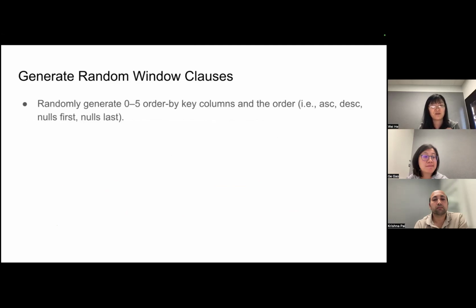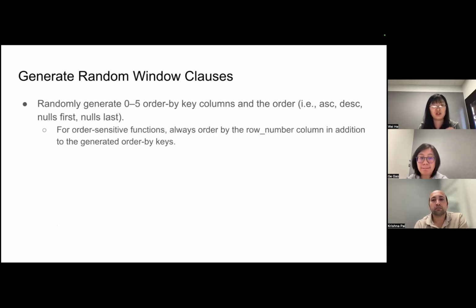So let's look at how we generate random window clauses. First, we randomly generate 0 to 5 order by key columns and orders of them. For the order sensitive functions that I just mentioned, the randomly generated order by keys might have ties. So we want the input data to be totally ordered.